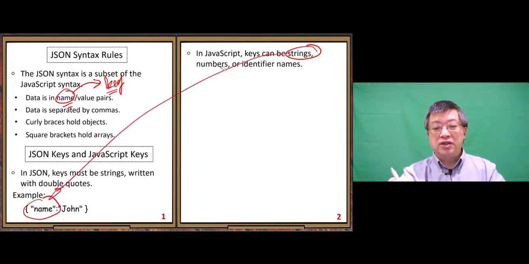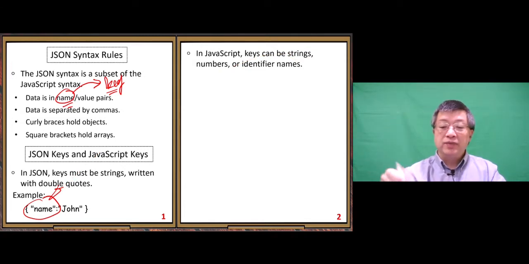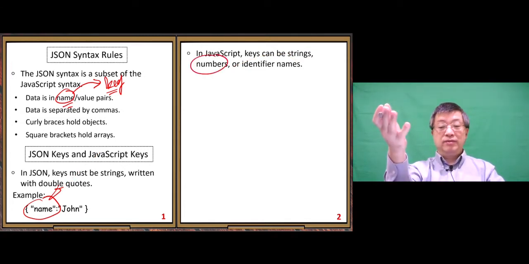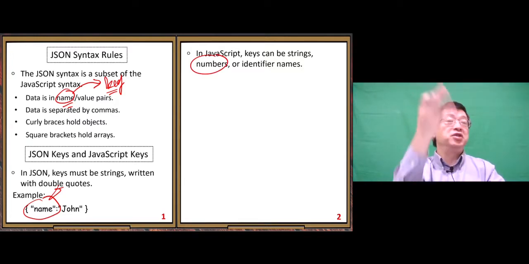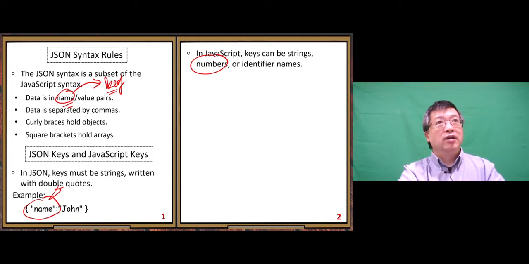But it has other cases. Numbers. Numbers can be used as keys. Values. Numbers, we do not need to use double quotes. Double quotes, we mean strings. So numbers, no double quotes.